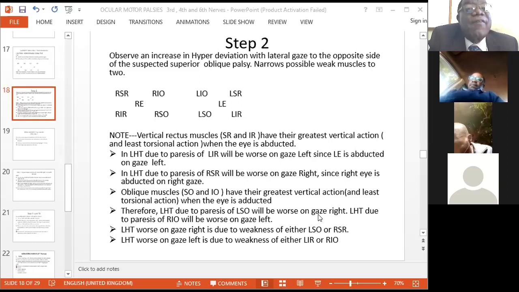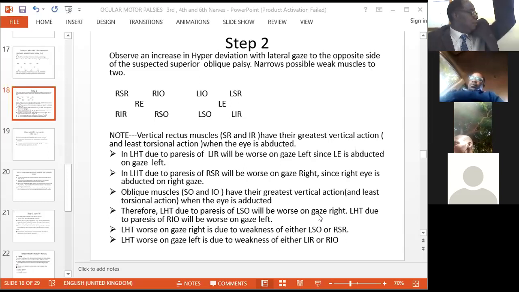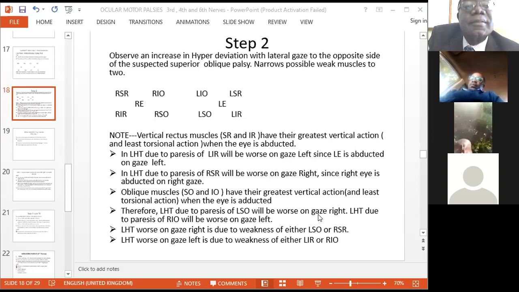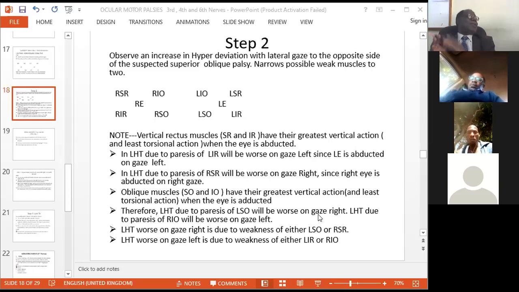Then note, the vertical rectus muscles, the superior rectus and inferior rectus, just lift or drop the eye down. These have their greatest vertical action and least torsional action when the eye is abducted. What is abducted? Looking outward, not inward.